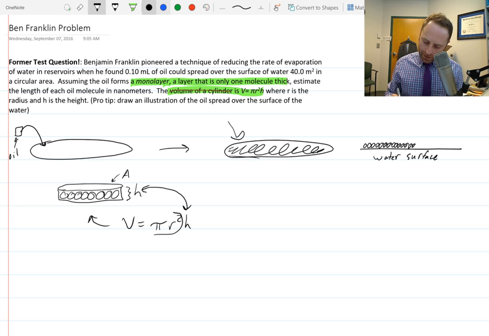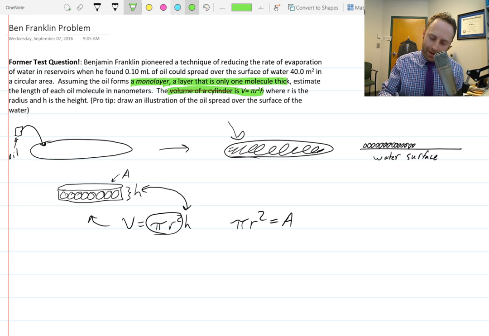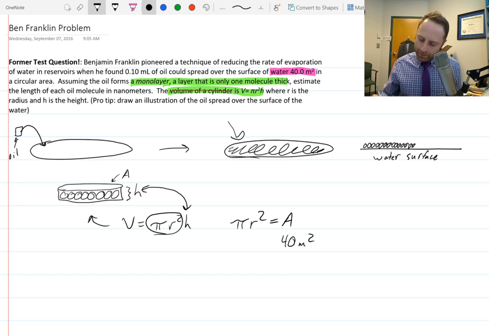What about this pi r squared? Well, for a circle, pi r squared is equal to area. The problem gives us information about what the area is. The problem tells us the area of the surface of water is 40 meters squared. Great. So that is then 40 meters squared.